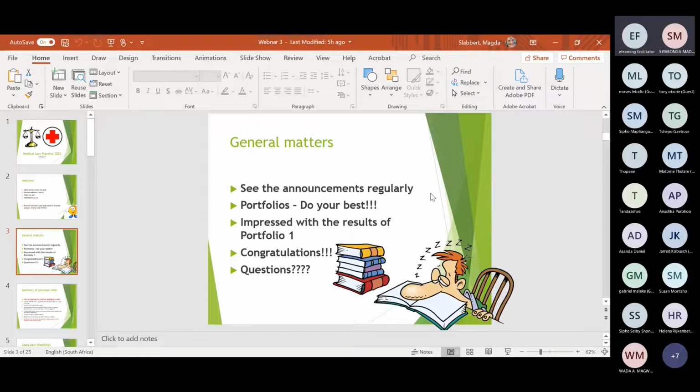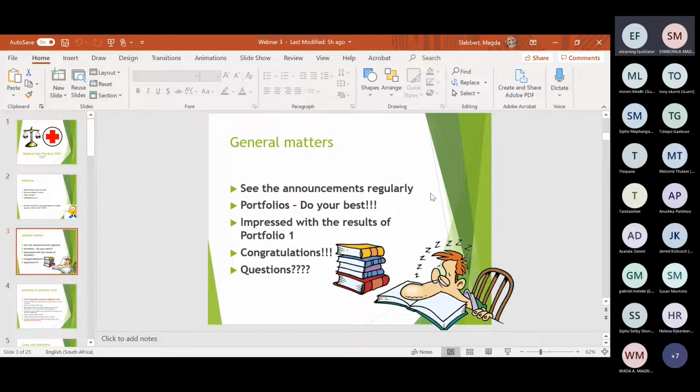Just a few general matters. See the announcements regularly or the extra material that Bonnie uploads on your websites. And then your portfolios. I've seen the marks for portfolio 1 and I am very, very, very impressed. Congratulations to all of you. I think you all did very well.